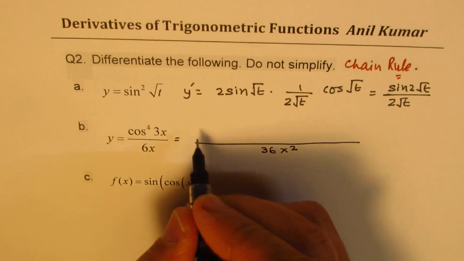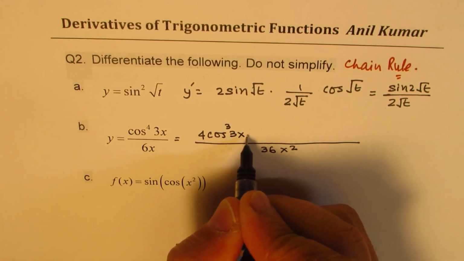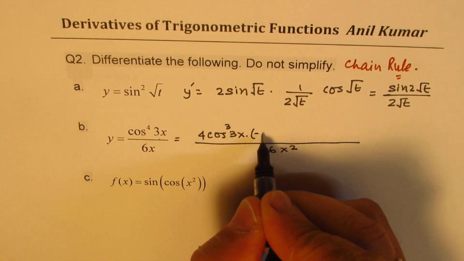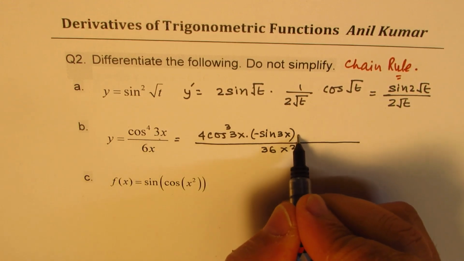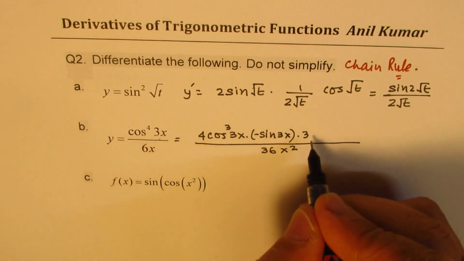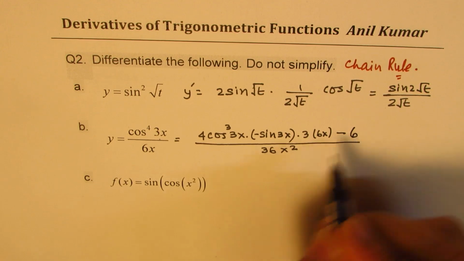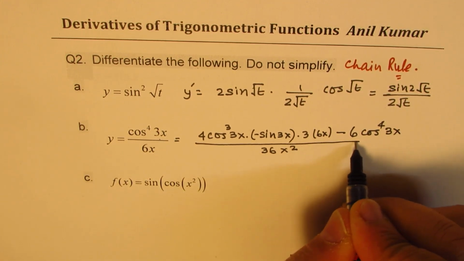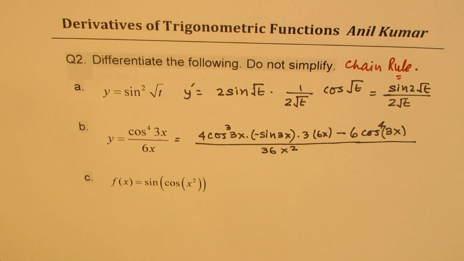Derivative of this part, which is 4 cos cubed 3x, times derivative of cos 3x, which is minus sine 3x, times the derivative of 3x, which is 3, right, times 6x, minus derivative of 6x, which is 6, times cos to the power of 4 3x. Is it okay? Right. So I'll leave the simplification for you to do on these questions, correct?